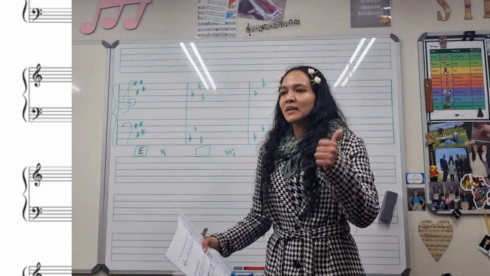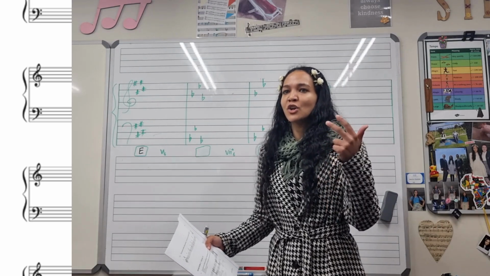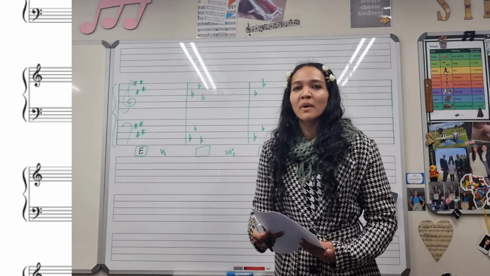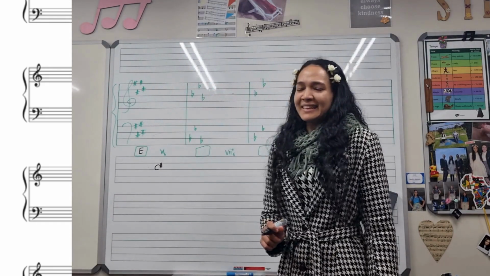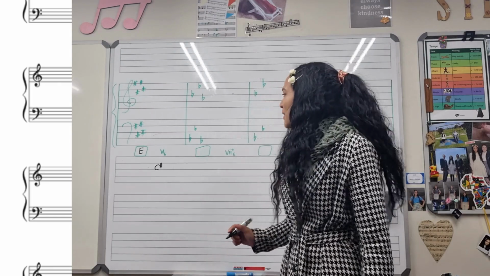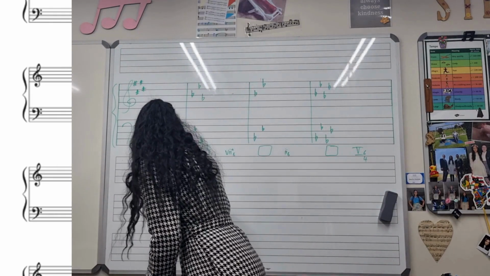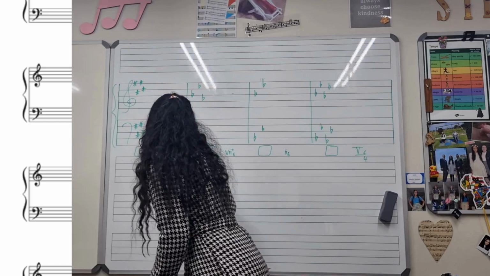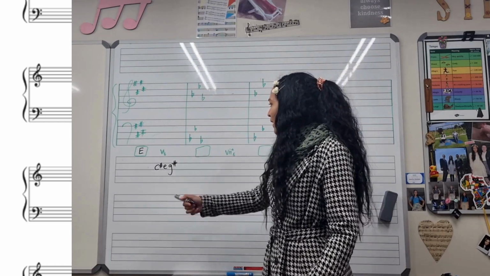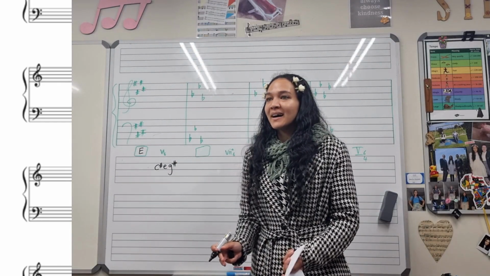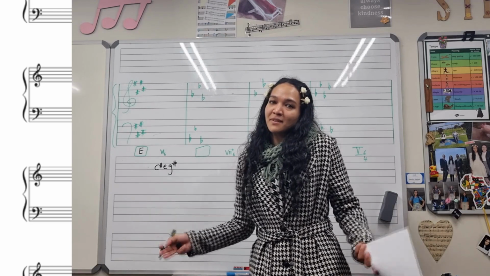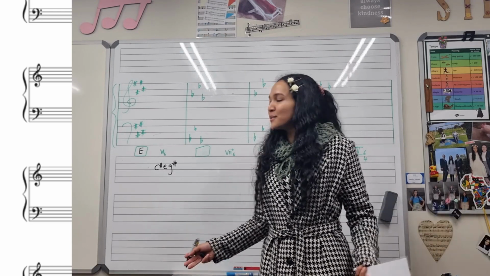So if we're thinking E, F sharp, G sharp, A, B, C sharp, we are building a chord on C sharp, and please think of it as C sharp, it's not C. So we have C sharp, E, G sharp. It's just a habit of mine: if I have a minor chord, I figure in small letters, but you don't have to do that. Capital or small letters will do.